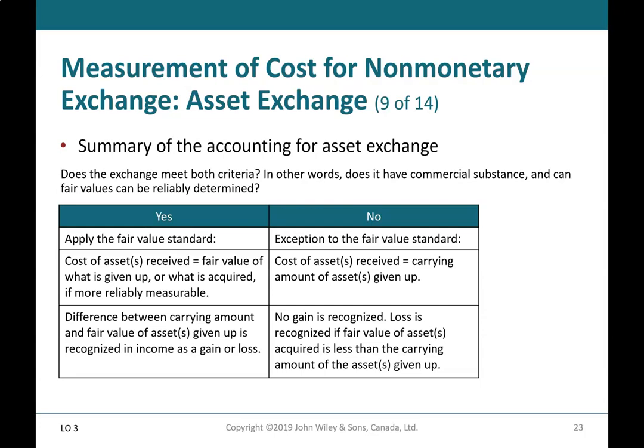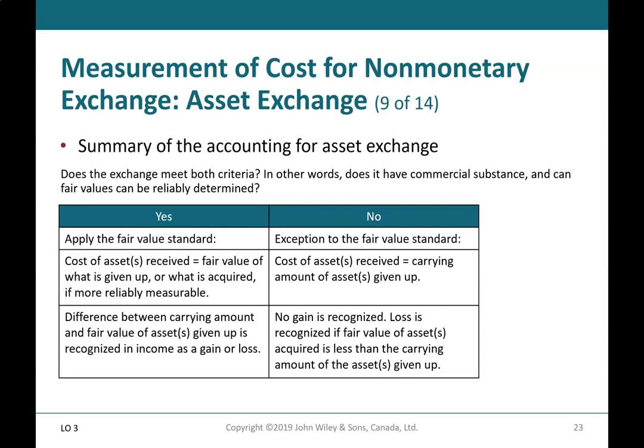The cost of assets received equals the fair value of what is given up or what is acquired if more reliably measurable. The difference between carrying amount and fair value of assets given up is recognized in income as a gain or loss. If the criteria is no, then the exception to the fair value standard is used.